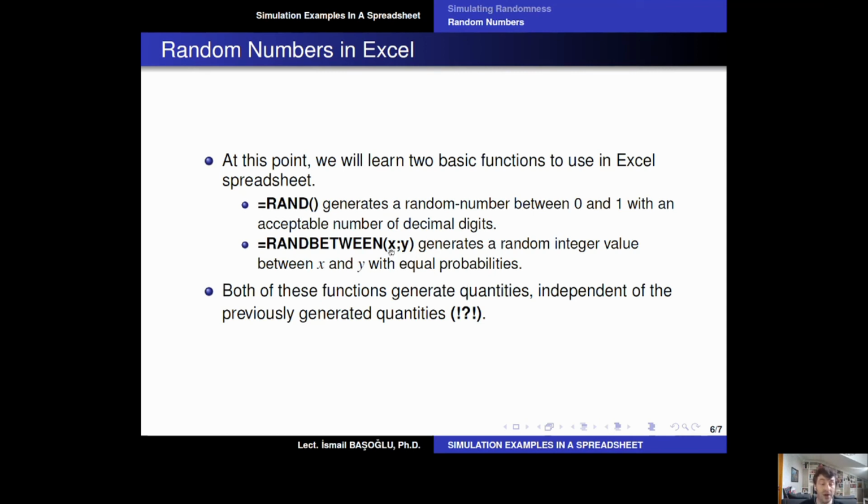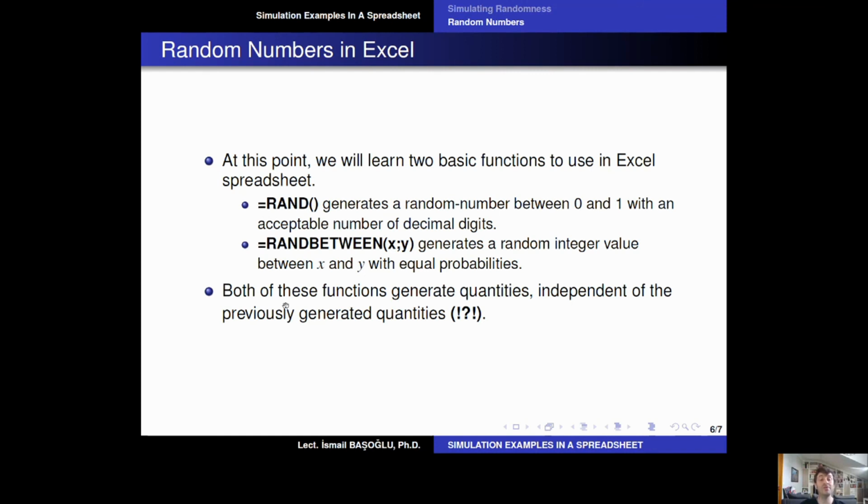For example, if x equals 5 and y equals 10, how many integers do we have from 5 to 10? 5, 6, 7, 8, 9, 10. There are 6 integers here, and this command generates one of these 6 integers randomly and independently each time, with equal probabilities: every value has a 1/6 chance, okay?